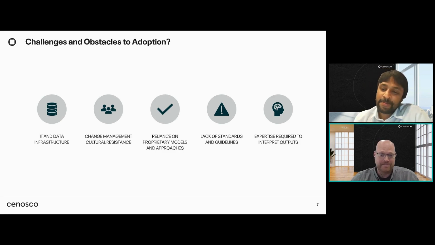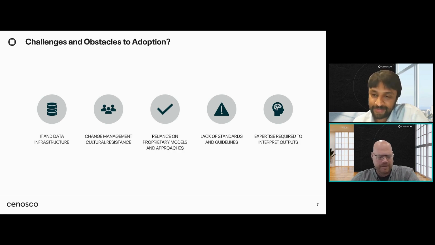From my perspective, IT and data infrastructure is a huge concern. Our product, the IMS, manages huge amounts of data, but the amount of data that is going to be necessary to apply these dynamic approaches to risk-based inspections is two to three orders of magnitude greater than the amount of data that we currently manage.